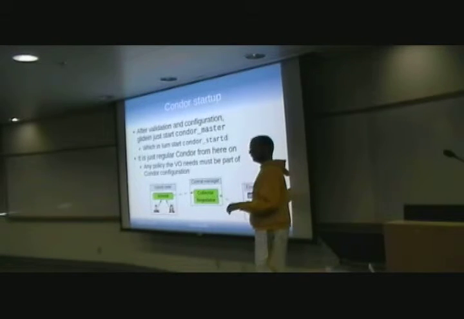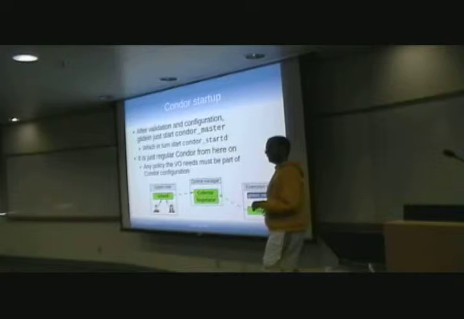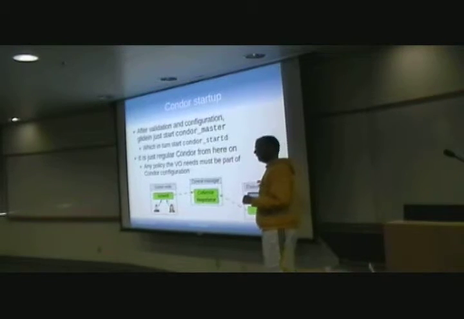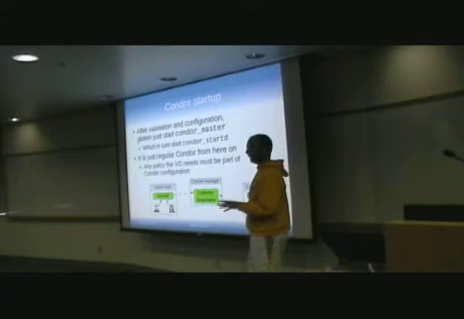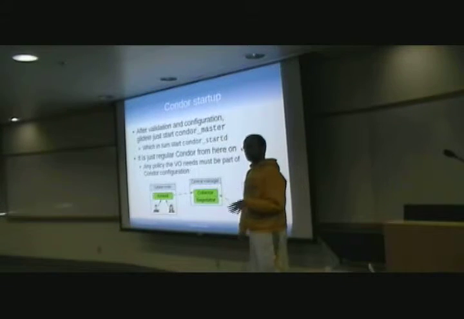This starts the startd, and this goes to sleep. This is out of the picture until this is done. There is very little that's actually active doing something. The only thing it currently does is intercept any kill signals so it can pass them through, soft kills that can pass them through to Condor. But that's about it. It will not do anything else. It just really waits for Condor.